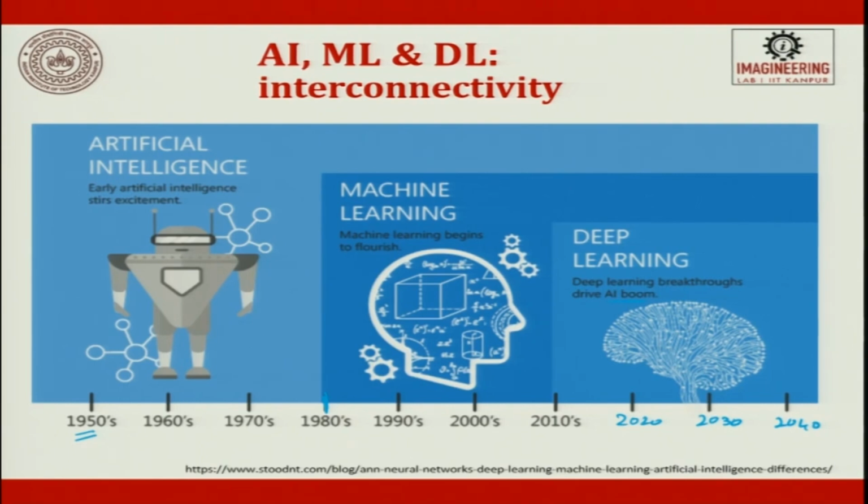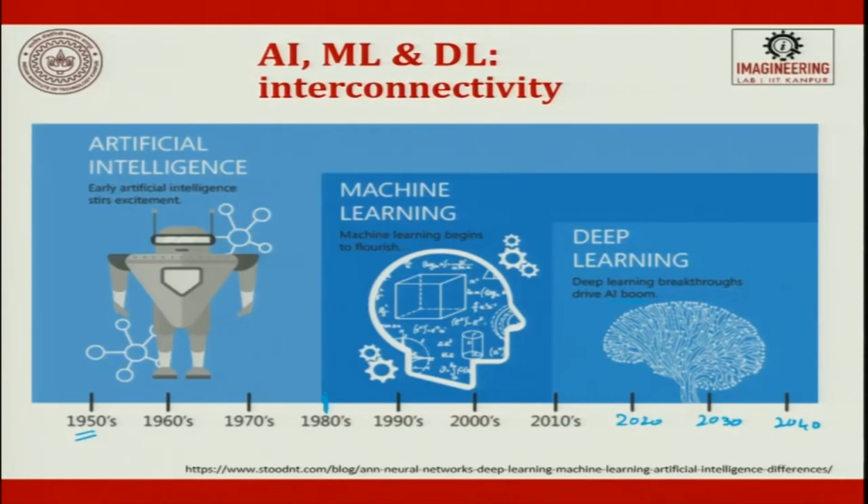AI is a superset, the subset is machine learning, the subset is deep learning. So, all the three are linked. Today we are moving towards deep learning using artificial neural networks, understanding, predicting the results in a much more reliable and faster manner. And how did all this evolution happen?